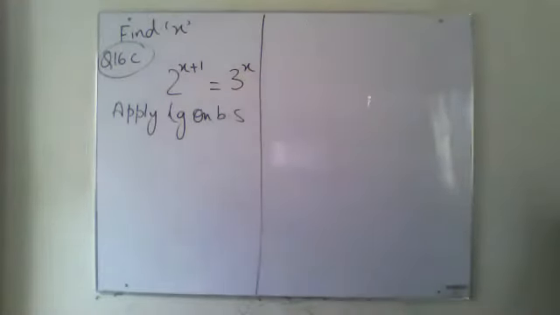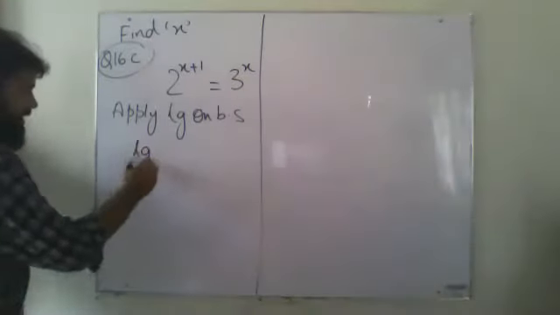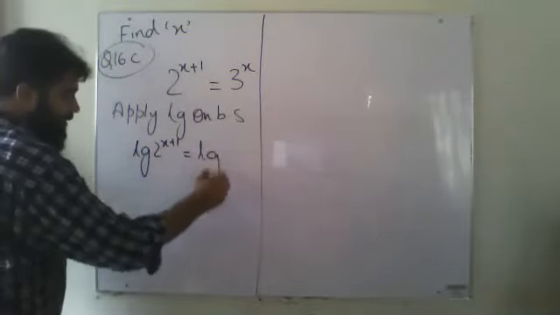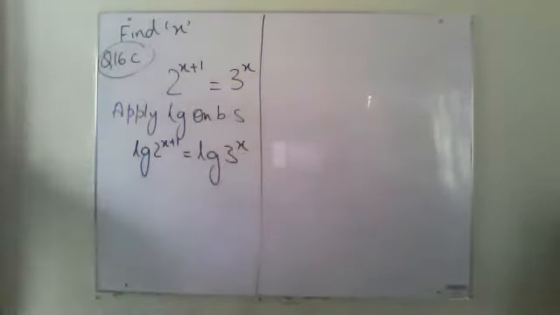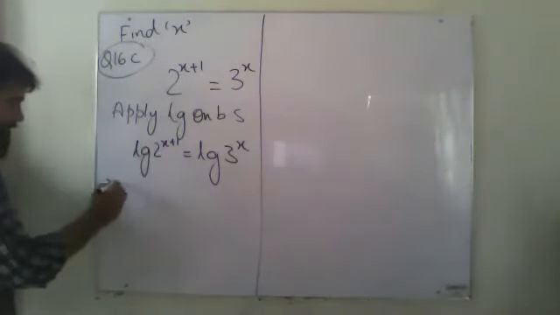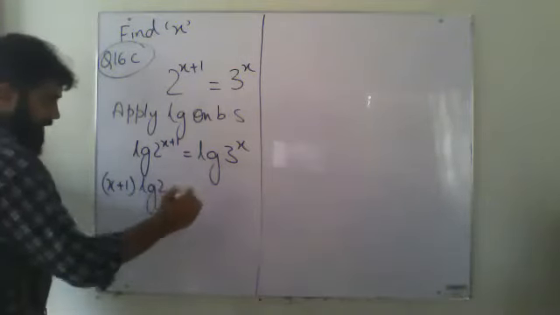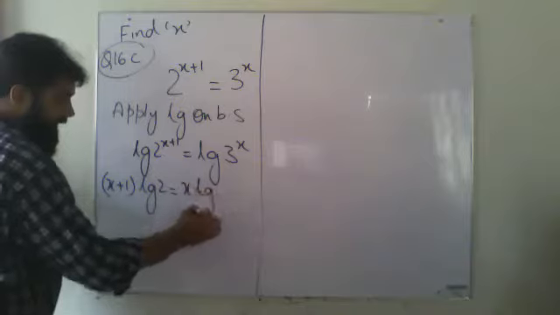Okay, apply log on both sides. So LG 2 to the power x plus 1, LG 3 to the power x. Okay, so now x plus 1 LG2 equals to x LG3.